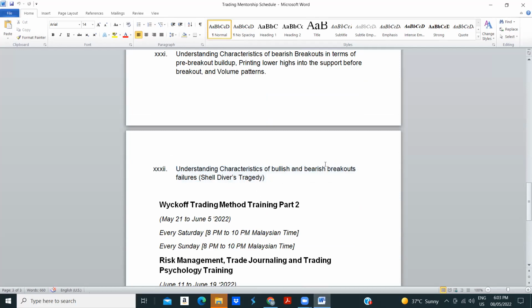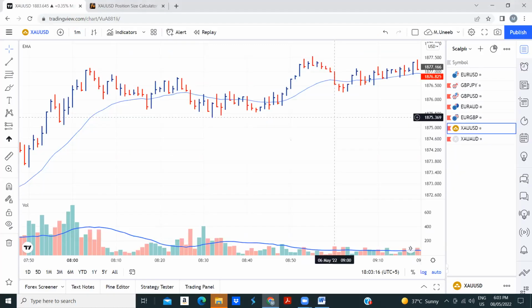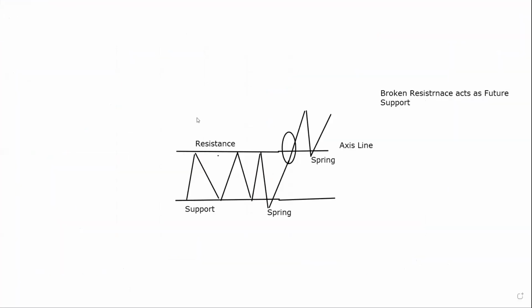Okay, failures, breakout failures. Now, when do breakouts fail? The breakout fails in two conditions. Okay, I will tell you this condition.